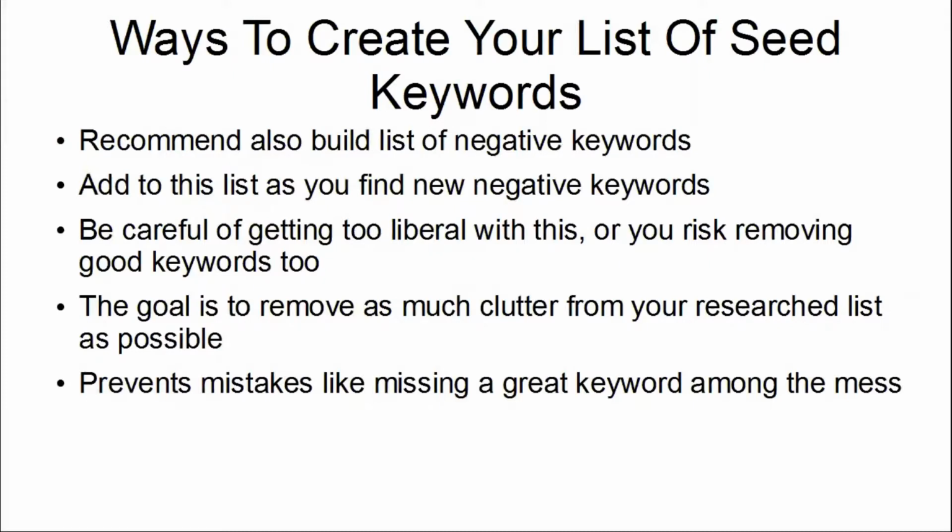You don't want to be too liberal with this, though, as you run the risk of eliminating good keywords needlessly. But you do want to keep a list of potential negative keywords that you may want to remove, to avoid cluttering up your list with irrelevant junk, which could cause you to miss something important among the mess.